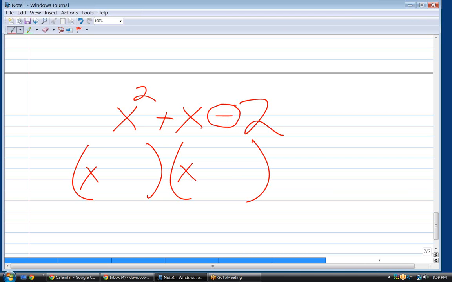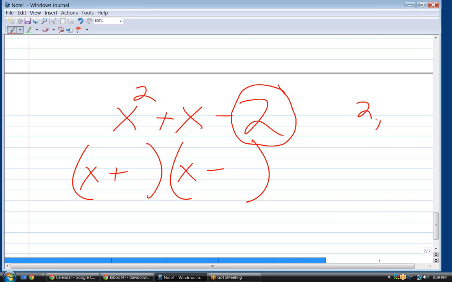Oh, so then one would be negative, one would be positive. Exactly. We know that we have a positive and a negative. In other words, we have opposite signs. So that's step 2, figuring out the signs. Step 3 is factors of 2. What are all the factors of 2?